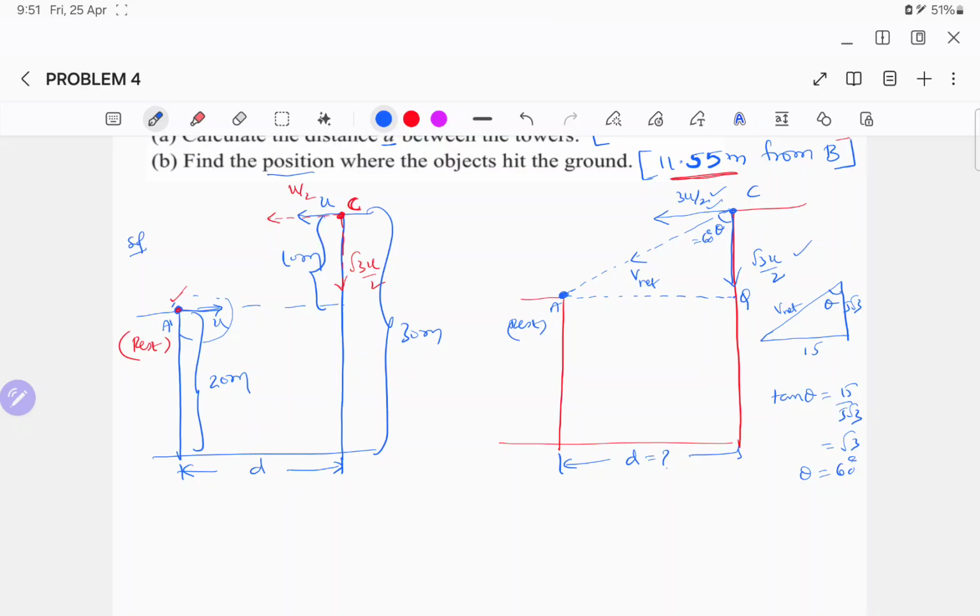So the length CQ will be 10 meter, and tan 60 will be useful for the triangle ACQ. The opposite side is D, and the adjacent side is the difference of the two tower heights, 10 meter. So D will be 10 into tan 60, which is 10 root 3.